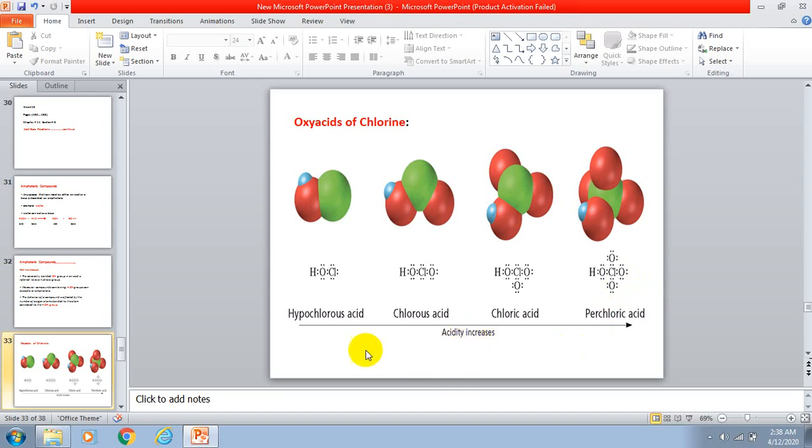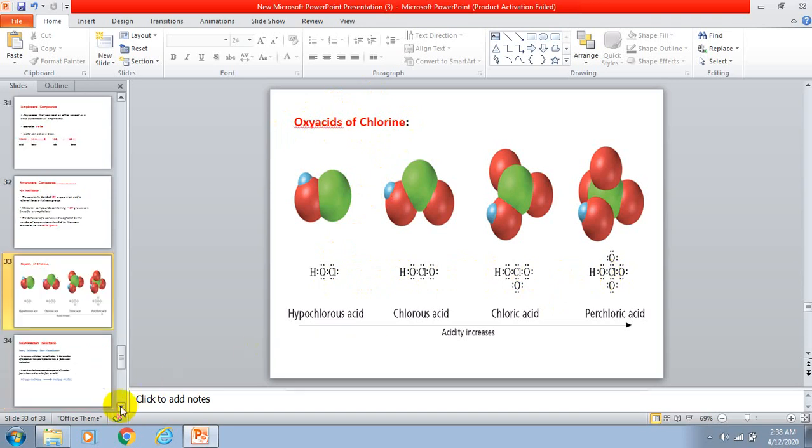So look at how the acidity increases: hypochlorous acid, chlorous acid, chloric acid, and perchloric acid. These show how the oxygen differentiates the acids of chlorine. Chlorine is there everywhere, but the oxygen affects the acids and changes the form of chlorine. So 1, 2, 3, 4 oxygens respectively. These are oxyacids of chlorine.